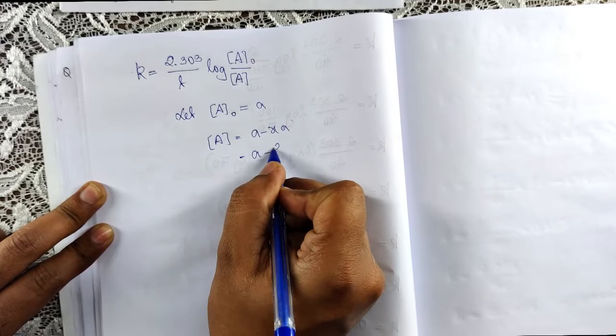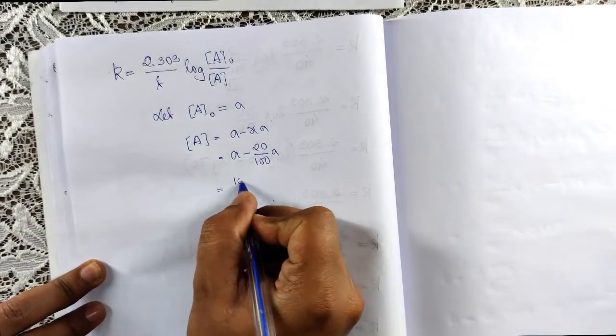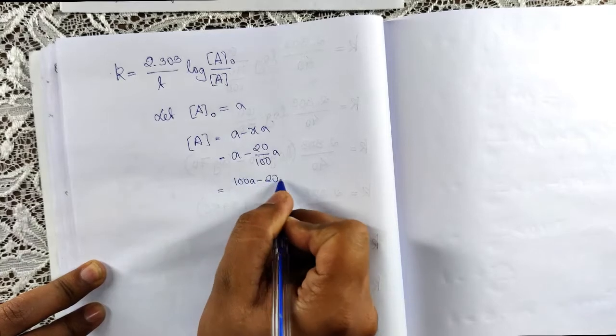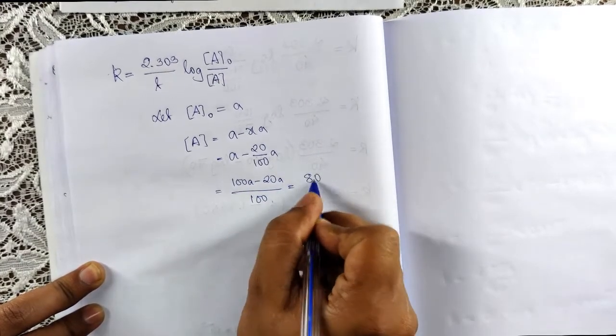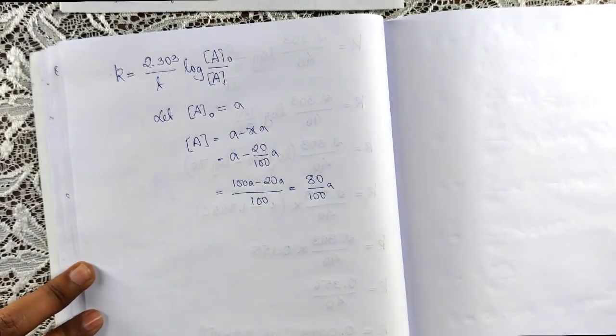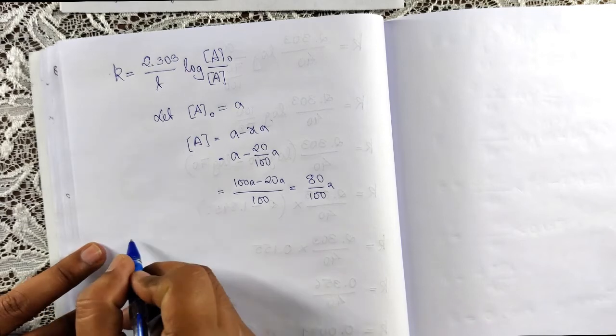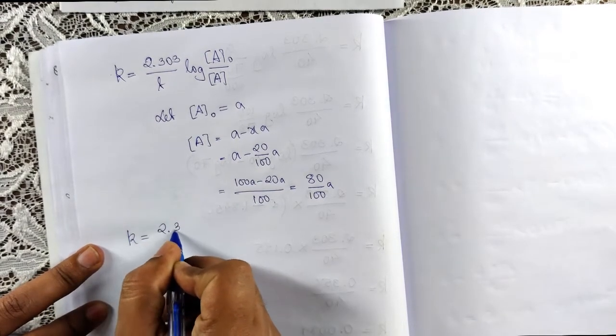So a minus 20%, 20 by 100 a. So we have 80 by 100 a. Now let's put in the formula. Time is 10 minutes.